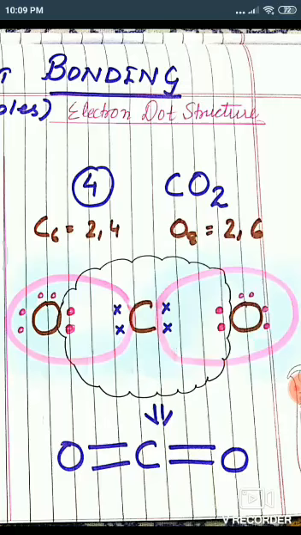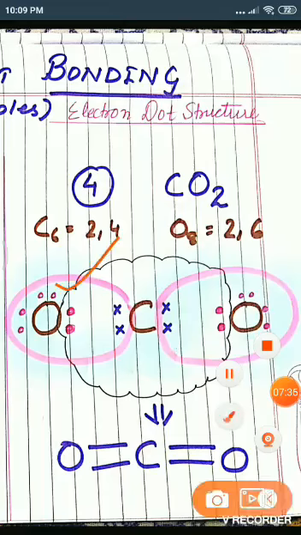Now oxygen: both the oxygens will tell carbon, okay carbon, I have shared with you 2 electrons each. Now we also want 2 electrons each, because this oxygen is having 6 electrons, no, and this also, so they both require 2 electrons each. Are you getting this or not? So this oxygen tells this carbon, please give me 2 electrons.